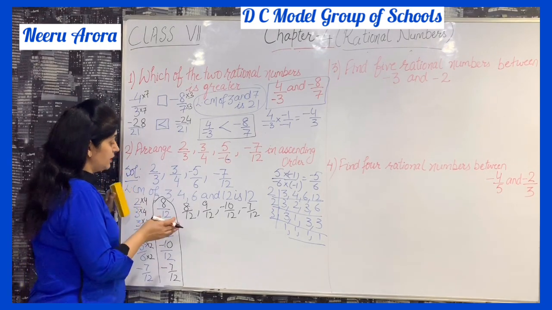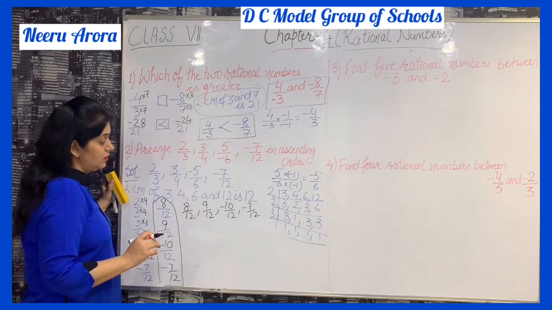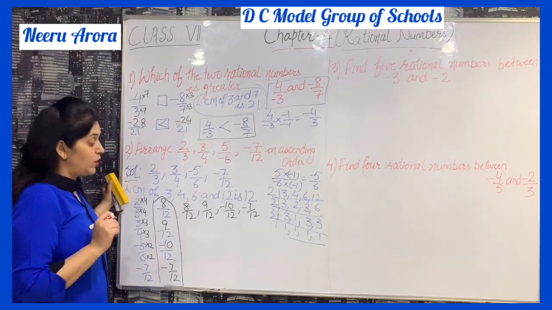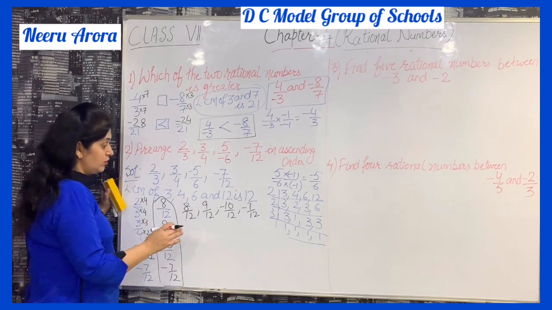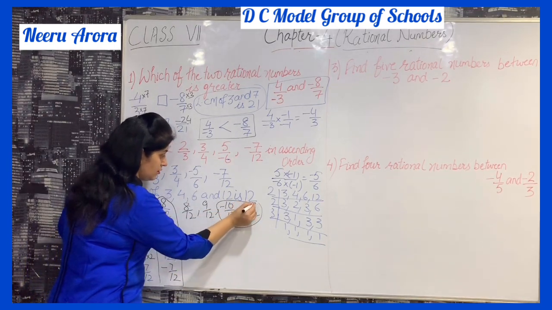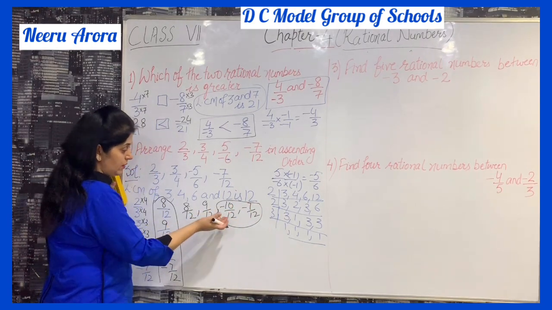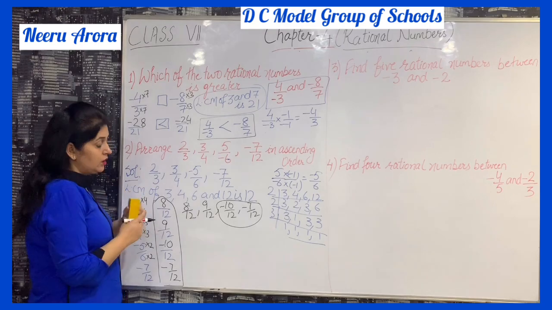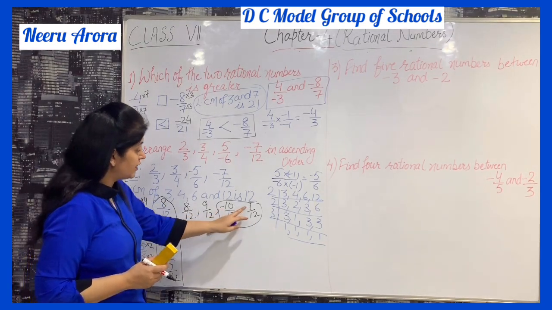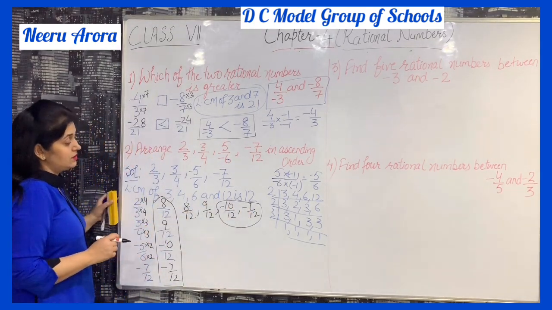Here we have two positive and two negative numbers, and negative numbers are always smaller than positive numbers. So the two negative numbers come first. Which one, minus 10 or minus 7? First we will compare these two.